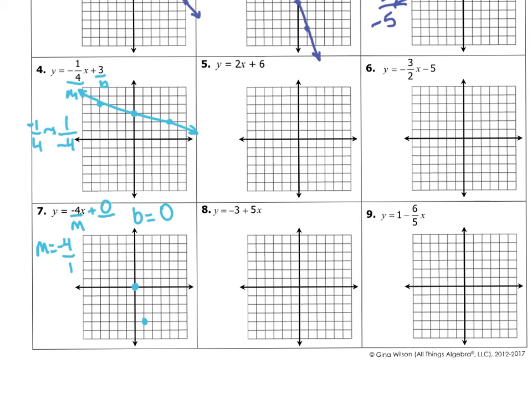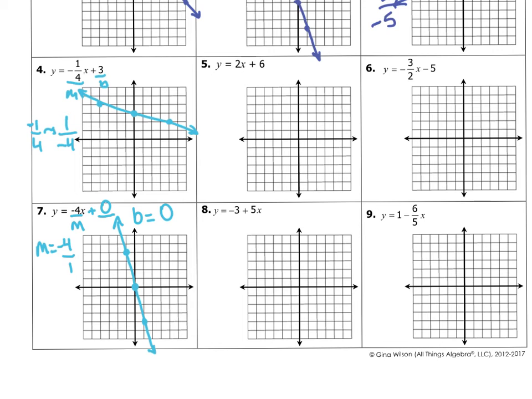And by flipping the signs, I know that I can go up 4, 1, 2, 3, 4, left 1. And that will find me a backwards point, so to speak. So then, now that I have 3 points that span most of the graph, I can draw my line with ease. And there we go.